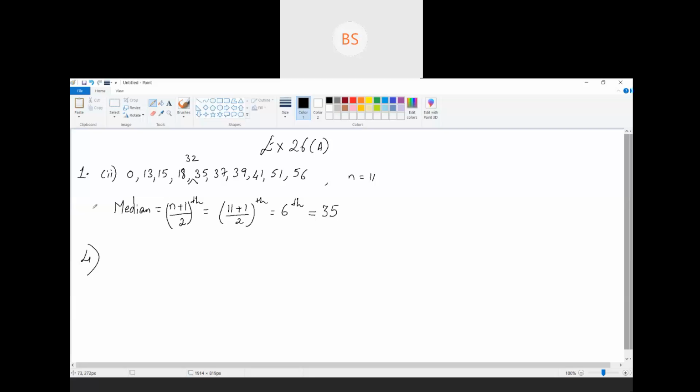So first we arrange the given number weights in ascending order. Yes, Janet.